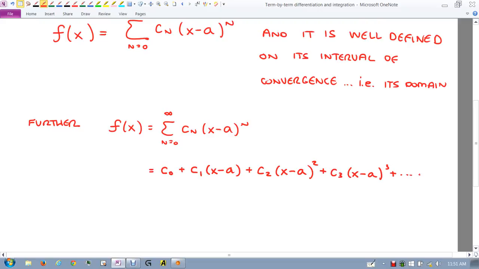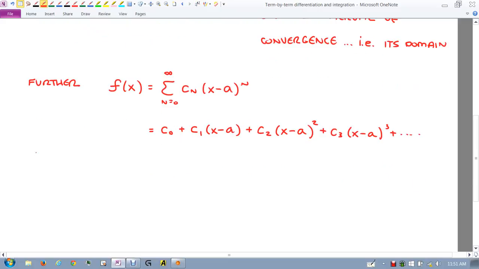That's what it is if we write it out, correct? So we can write out the power series just by expanding it out. And there's going to be two things here. One, the derivative of this function should be equal to what?